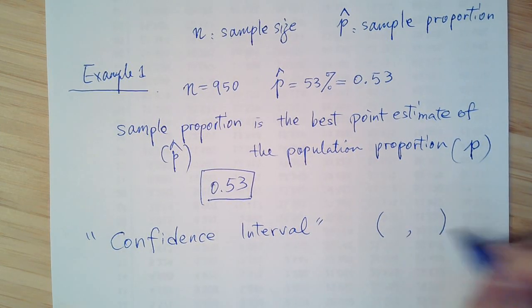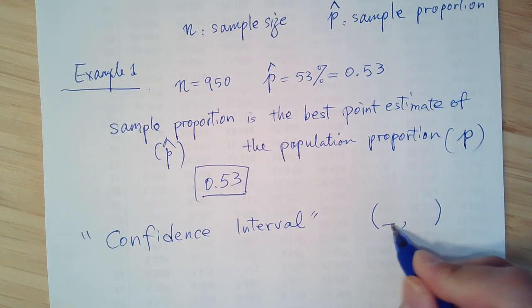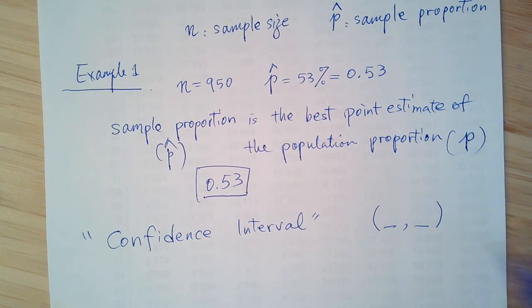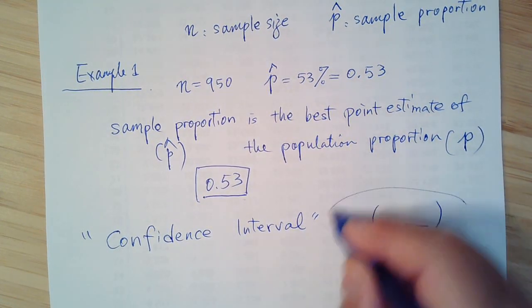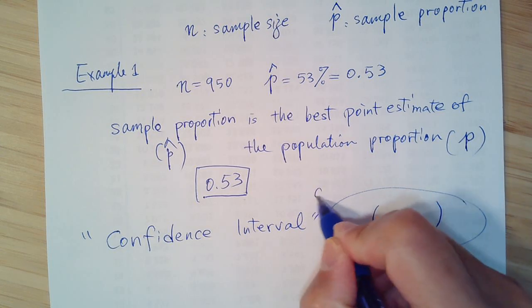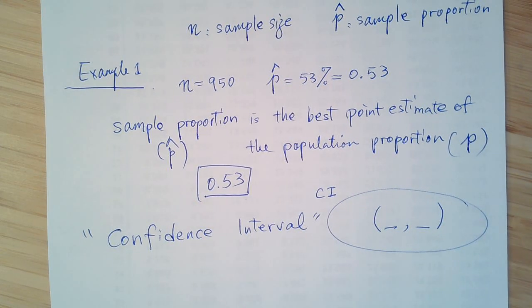And you remember that this is called an interval: a number, comma, another number, inside parentheses. So this is the confidence interval, or CI for short. We're going to build a confidence interval estimate of the true value of the population proportion.